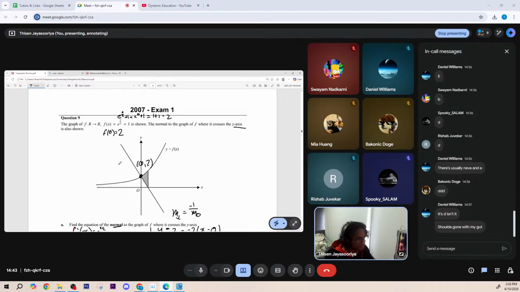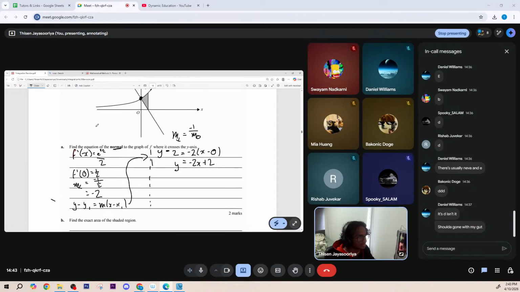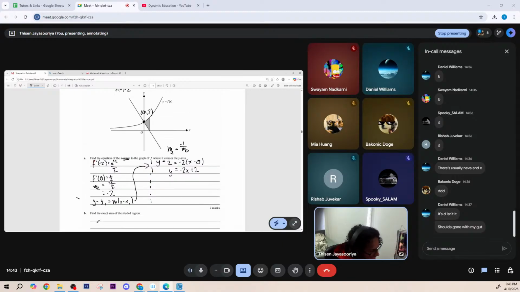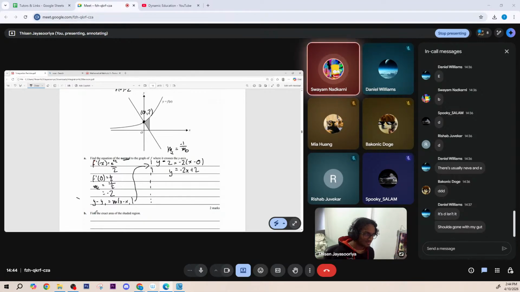So it says here, I'll ask Swayam. It says here, find the exact area of the shaded region. How can I find the exact area of that shaded region? Can you just go up a little bit, please?